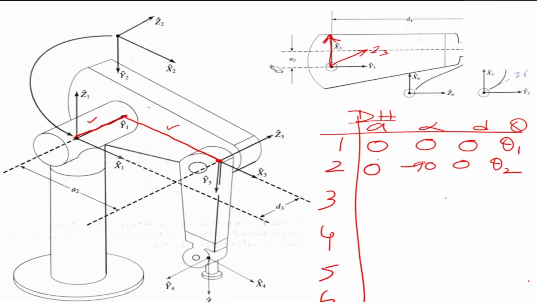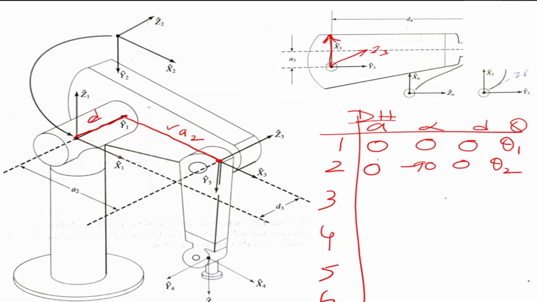Sorry, the second link is this one. So if you go back and look at the distances here, one is A2, this distance. And there is an offset distance which is D3 there.